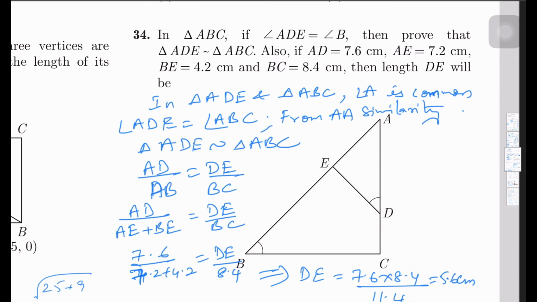Also, if AD is equal to 7.6 centimeters, AE is equal to 7.2 centimeters, BE is equal to 4.2 centimeters, and BC is equal to 8.4 centimeters, then find the length of DE. We have to find out the length of this DE.